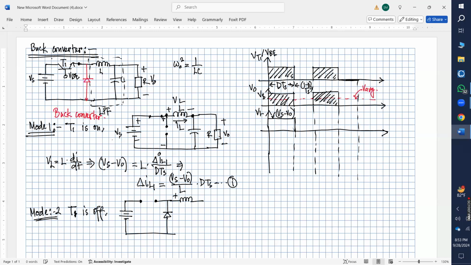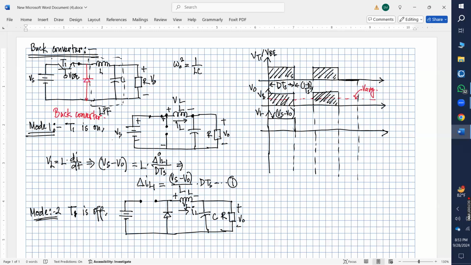There should be inductor current, that is my plus minus VL. This is my L. And then we have a capacitor, and then we have a load. So this is my plus minus V0, this is my R, this is my C, and the current is flowing in this direction. That is my IL.